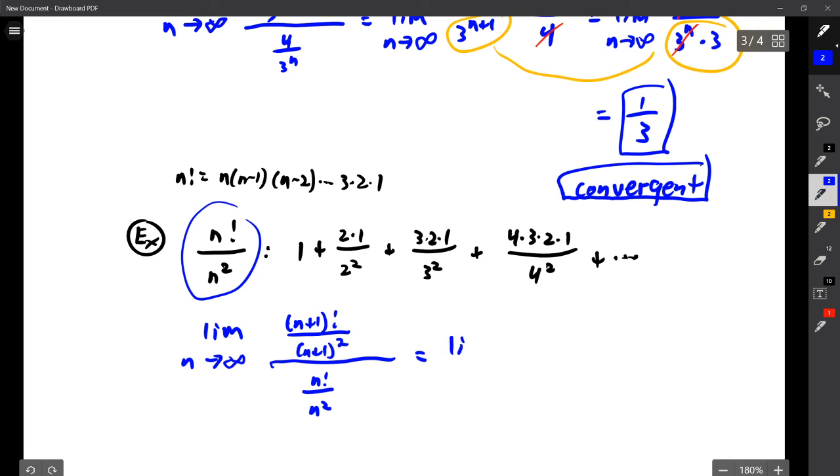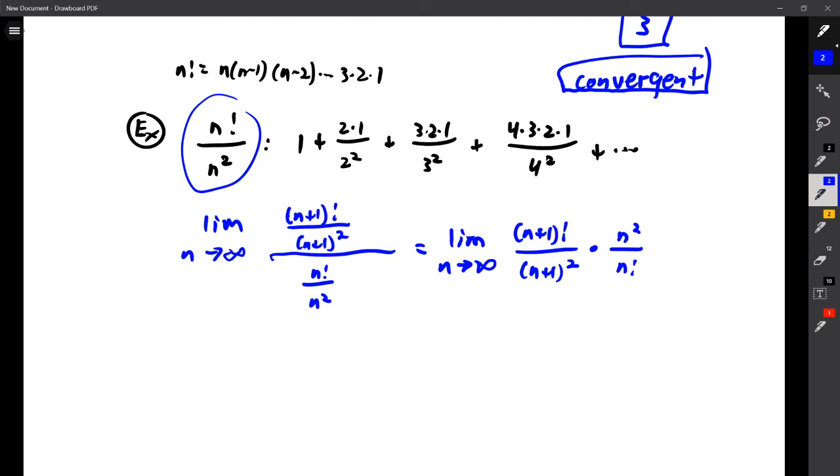Okay, that's the same thing as the limit as n approaches infinity. I can invert and multiply: n plus 1 factorial over n plus 1 squared, times n squared over n factorial.